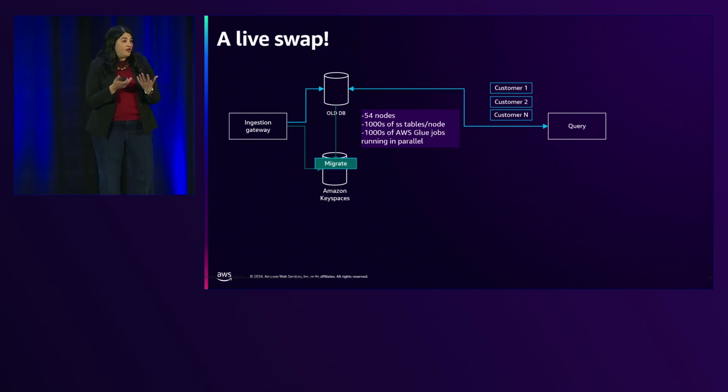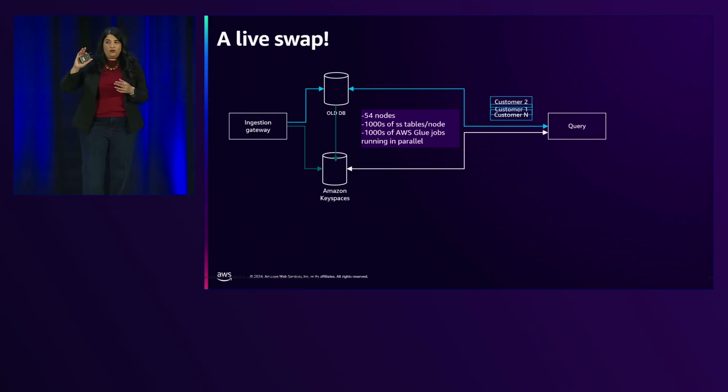So when we first started, we started sending all the live data to Keyspaces. As data came in, it went to Keyspaces. After that point on, we started migrating the historic data to Keyspaces using all those millions of Glue jobs, running all at once. But they kept track of what customer or what tenant's data was done migrating. Once it was done, we moved the querying for that customer to Keyspaces.